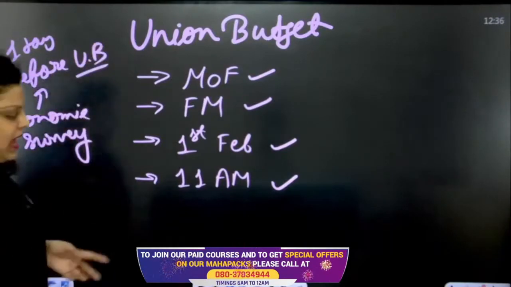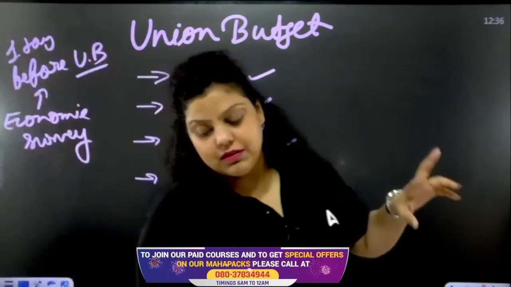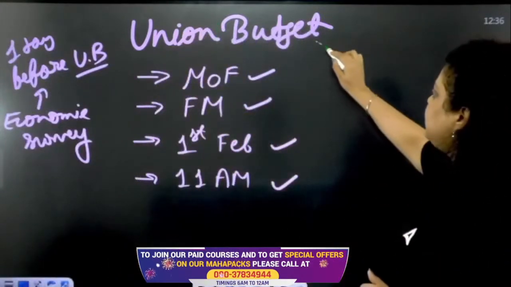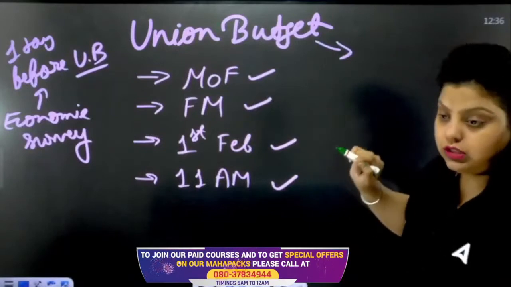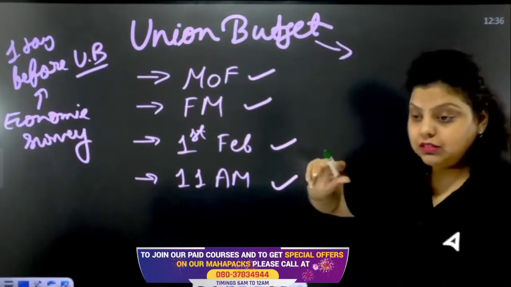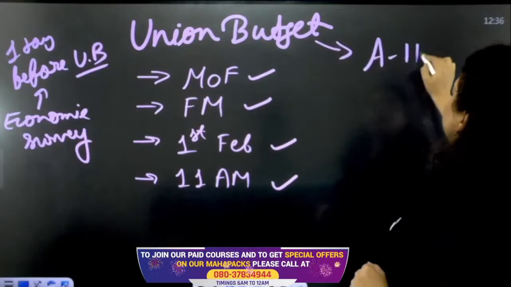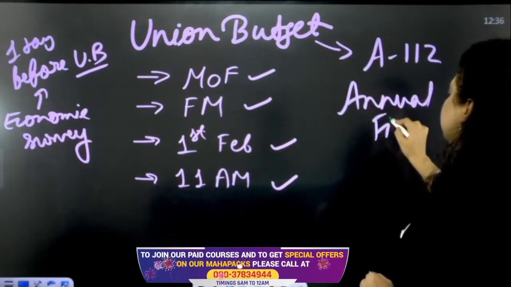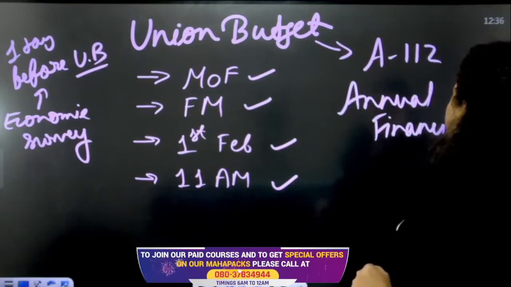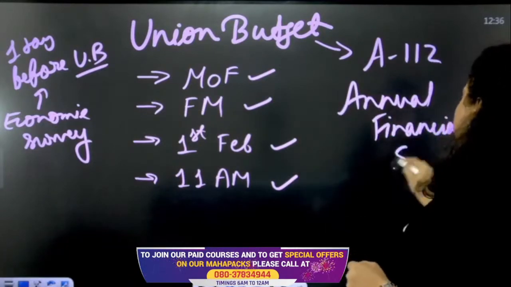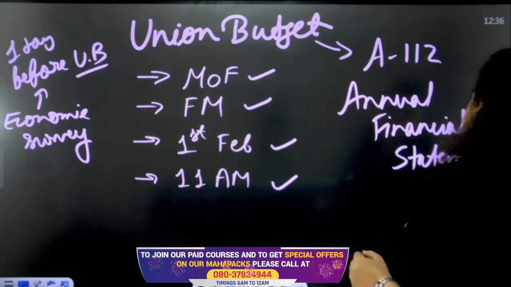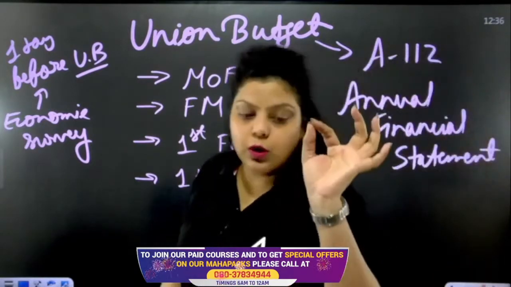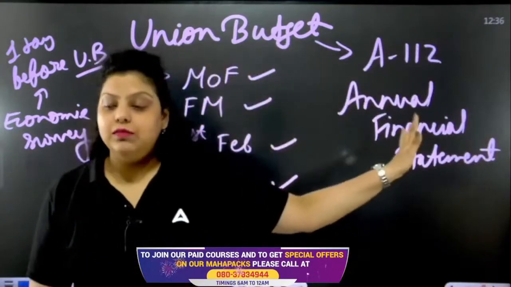Now I have discussed what the union budget is and when it will be prepared. One more important thing: our constitution hasn't used the word budget. In Article 112 they have used the term annual financial statement. So the annual financial statement is defined under our constitution in Article 112.